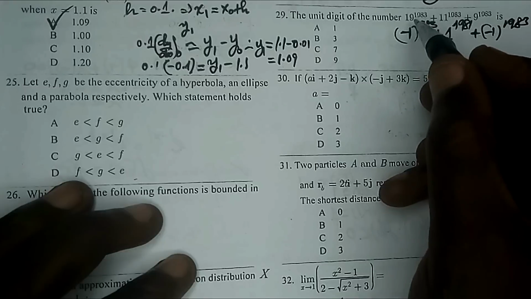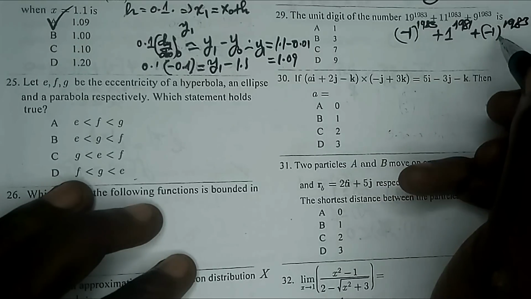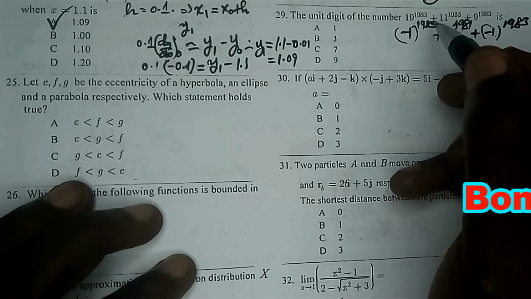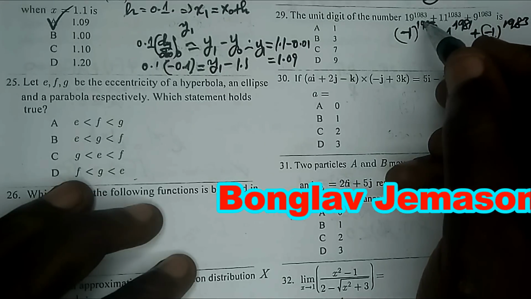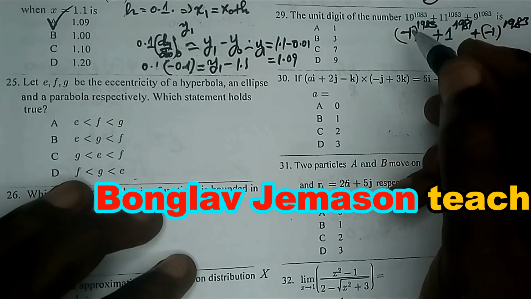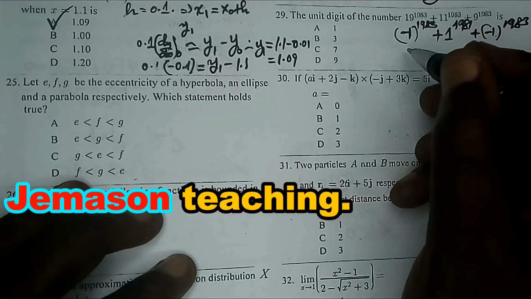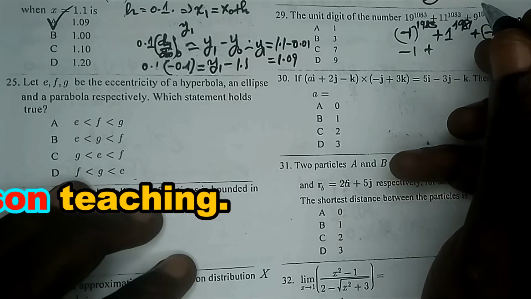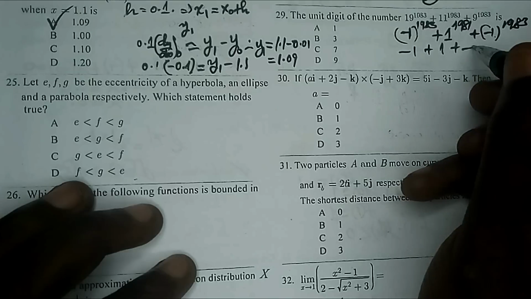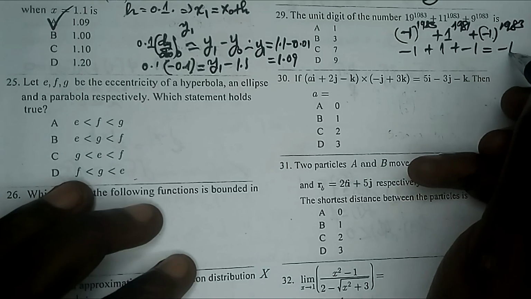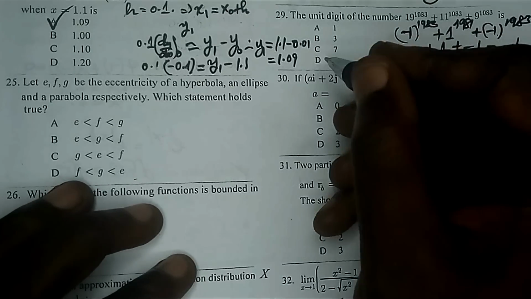The choice of reducing the numbers 9 into negative 1 in these two cases is for you to evaluate this exponent easily. Negative 1 raised to a power that is odd gives back negative 1. So this is negative 1 plus 1 raised to any power is 1, plus again negative 1 raised to an odd power, which is negative 1. So overall we have negative 1 as the answer. And negative 1 is congruent to 9 in modulo 10. So the answer is D.